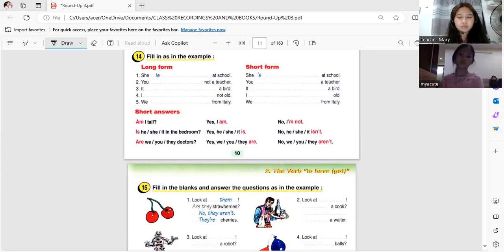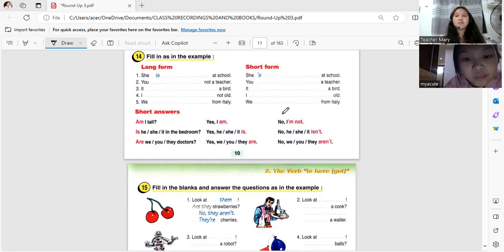Okay, for the last example, they blank going to the beach on Sunday.